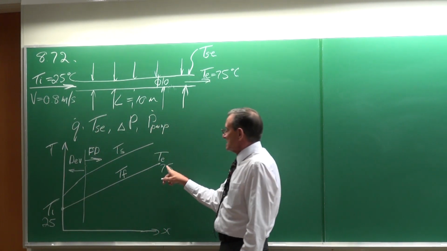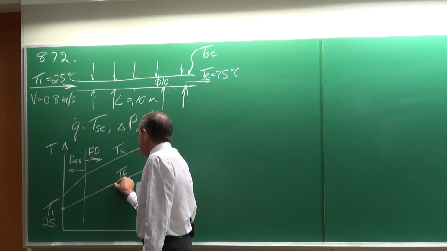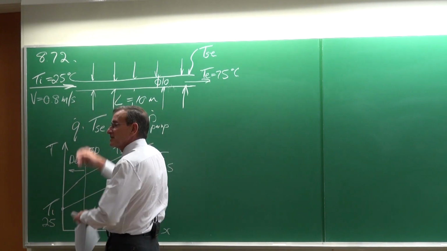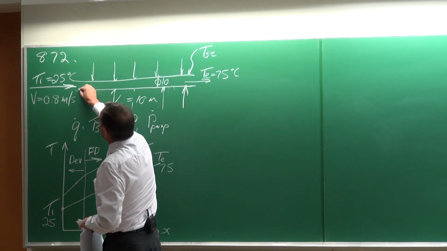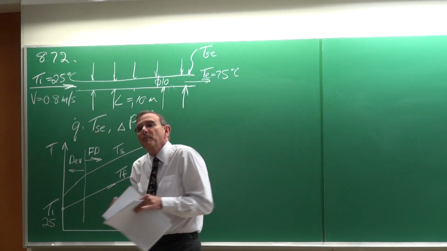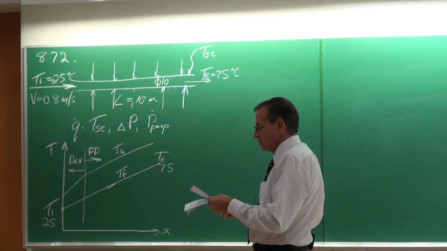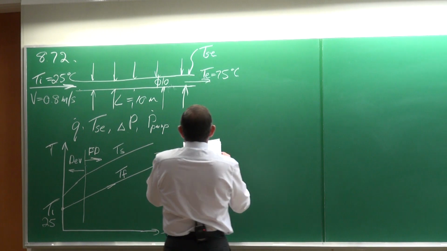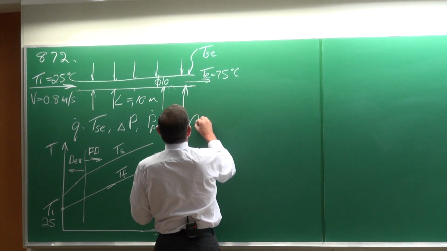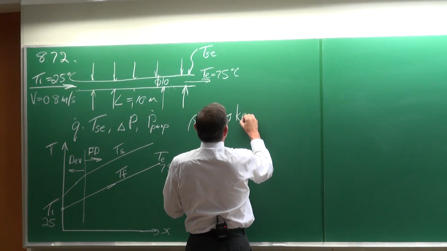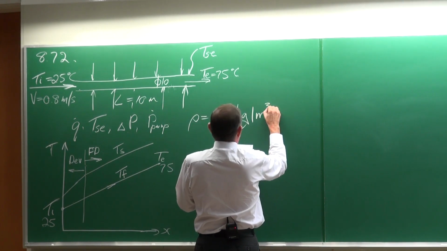Why do I know this is going to be the characteristic? Because it's a constant heat flux. With a constant heat flux, every millimeter that it will flow, it will get the same amount of heat. And therefore, there's a linear increase in the temperature distribution. The properties are given to us as density is 1,000 kilograms per cubic meter.